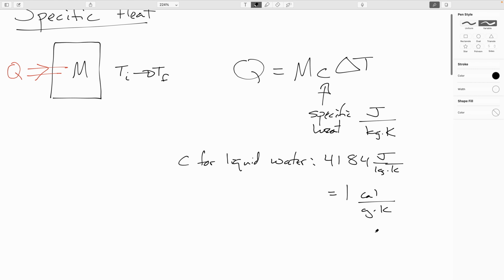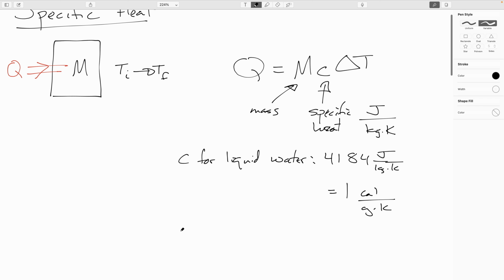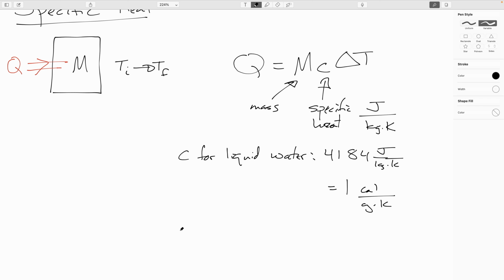Now, here, capital M is the mass of the substance. And generally when you're working with solids and liquids, this is a good way to go. But sometimes you'll want instead to be looking at molar quantities.